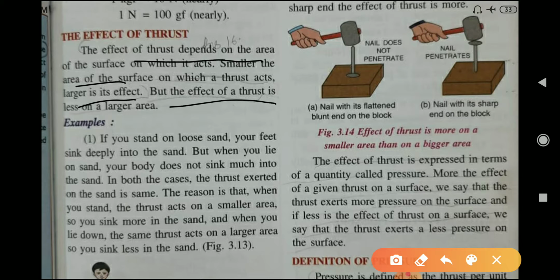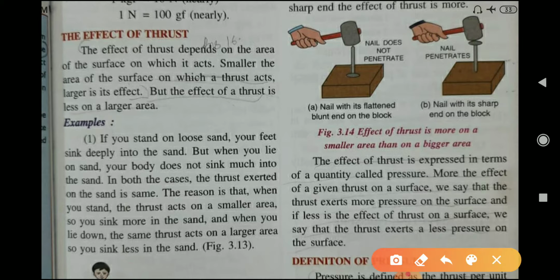If the surface has a large area, the effect of thrust will be less. But if the area on which the thrust acts is smaller, the effect will be larger.